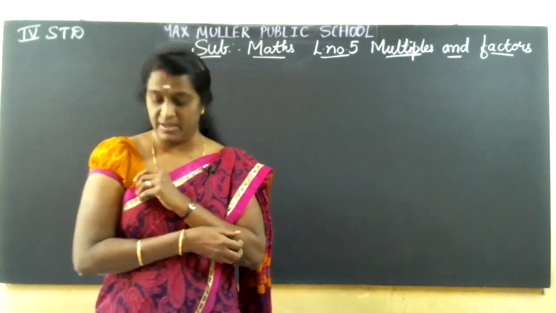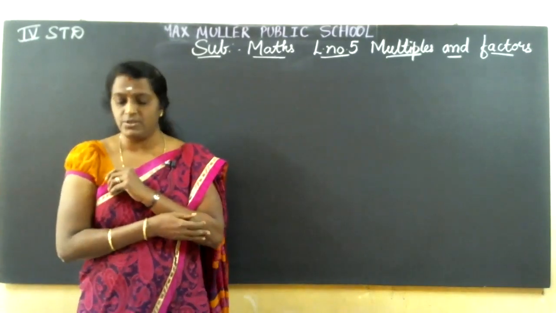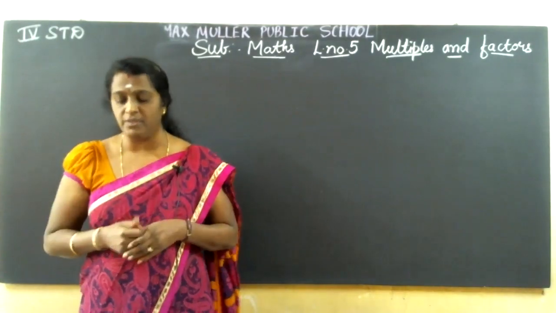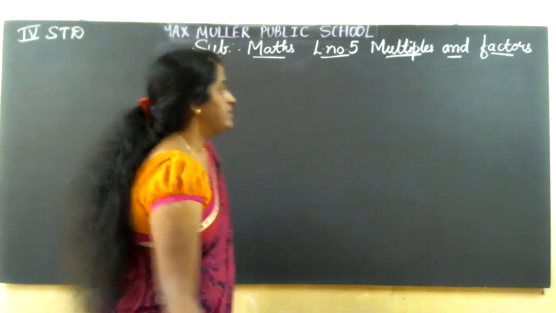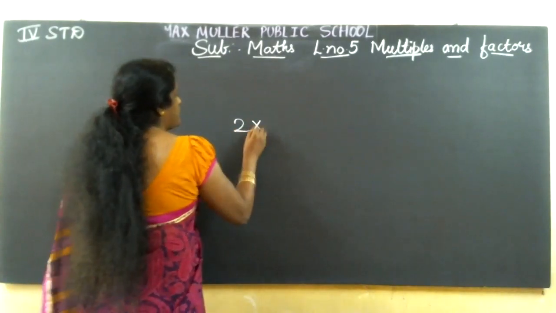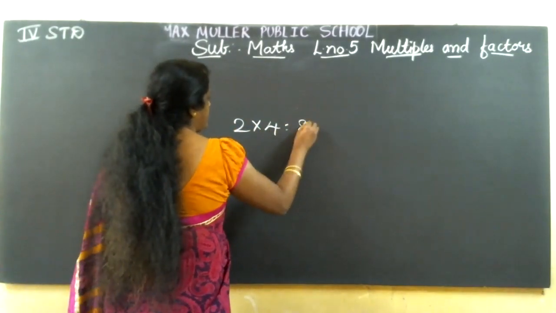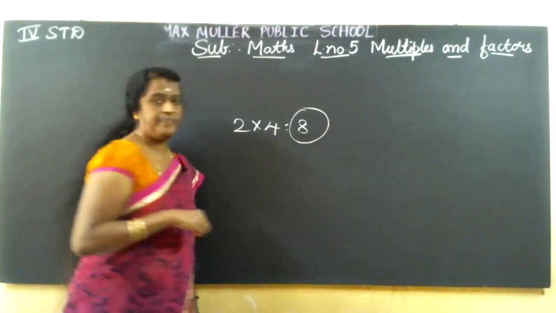What is a multiple? A multiple is the result when you multiply a number with another number. See, 2 4s are 8. This is a multiple.